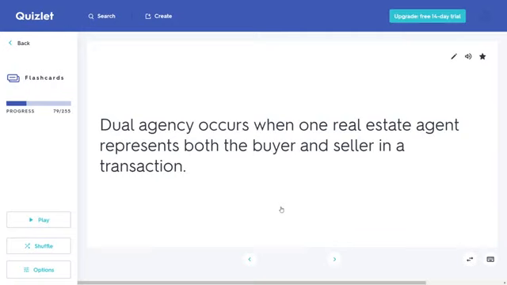Whether or not this is illegal completely depends on the state that you live in and their rules. If you are curious about this topic, we did a full video deep dive on it, as well as an article on our site where you can find out whether it's legal or illegal in your state. It's super important to understand that it's when one agent represents both the buyer and the seller in a transaction.